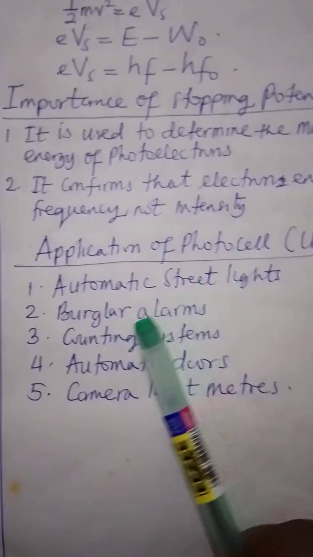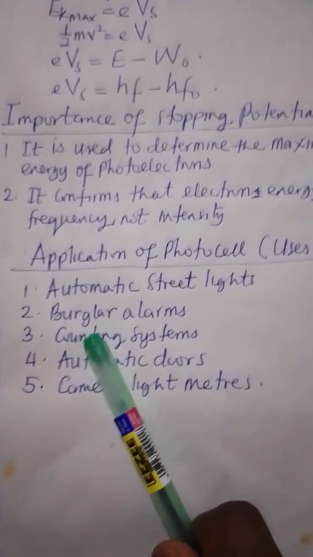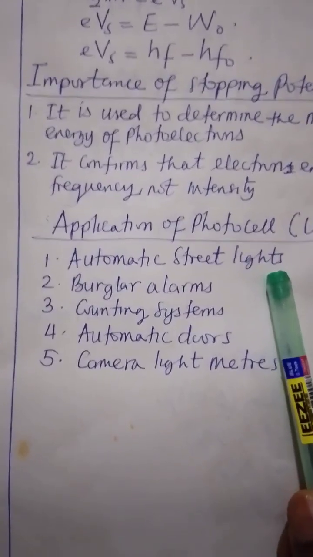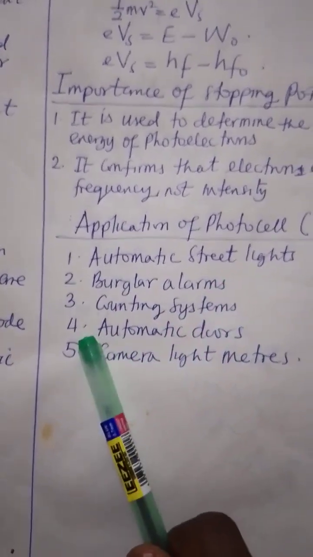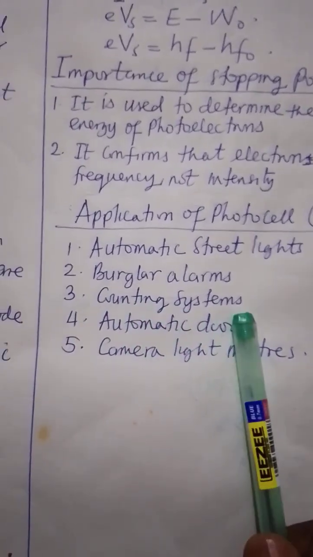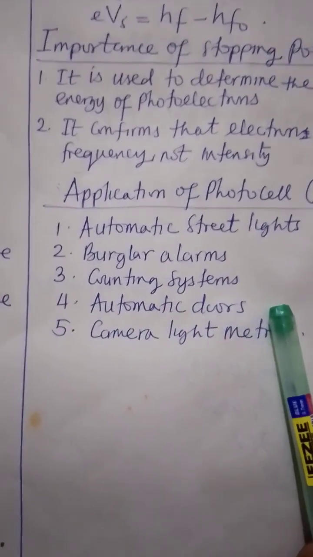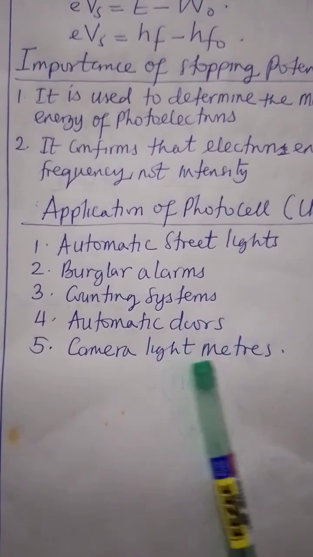What are the applications of a photocell? Number 1, it is used in automatic street lights. It is used in burglar alarms. It is used in counting systems. It is used in automatic doors and camera light meters.